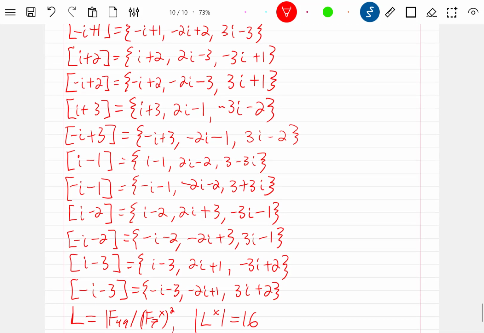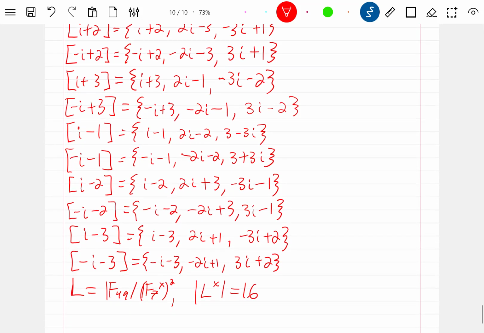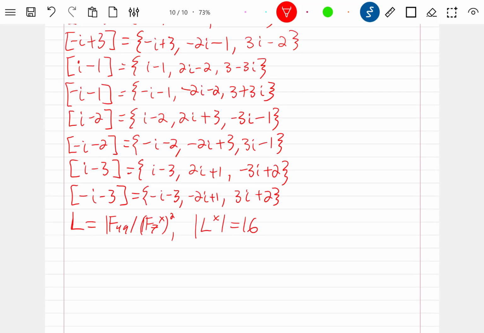And if you count, there are 16 things here, and all the things in these brackets, if I didn't make a typo, should all be the different elements of F7 adjoin I. So we know our L star, the multiplicative group, has order 16.